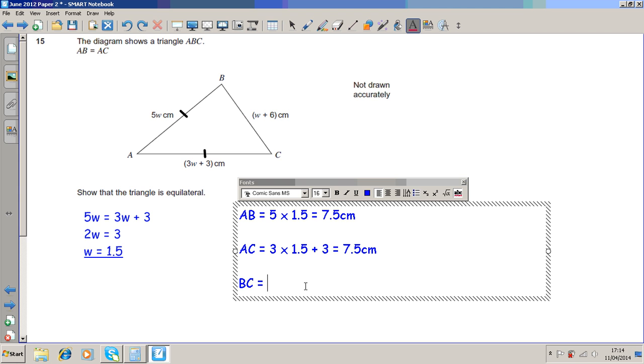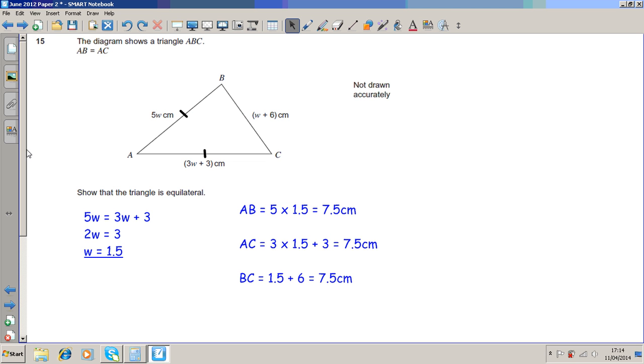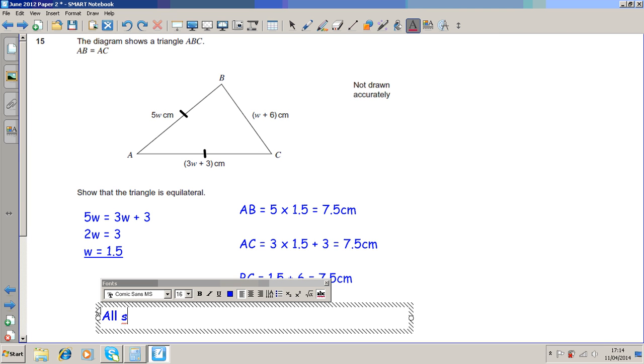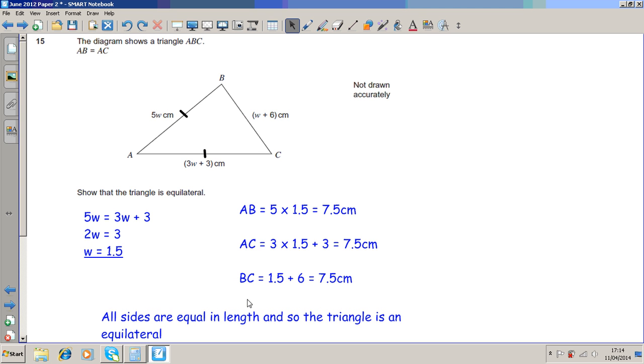And BC is 1.5 plus 6, which is 7.5 centimetres. I think that's probably enough to get the mark, to be honest, with showing they're all equal, but I don't think it would hurt. How many marks do we have? No, it doesn't say. I think a little sentence to say all sides are equal in length, and so the triangle is an equilateral. It's probably worth adding that onto the bottom there.